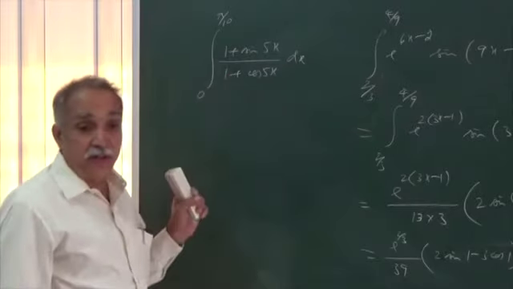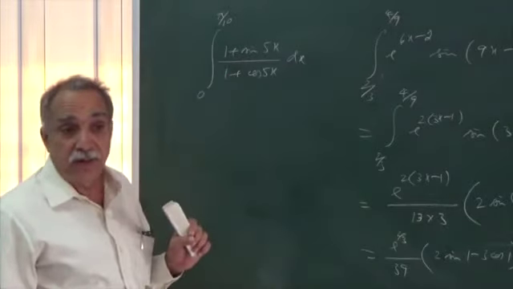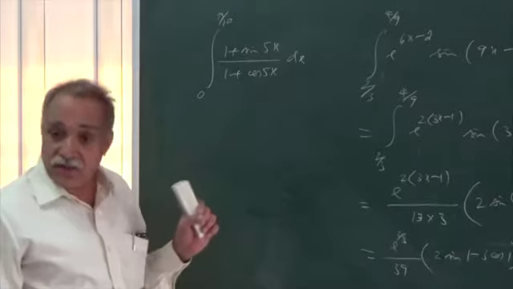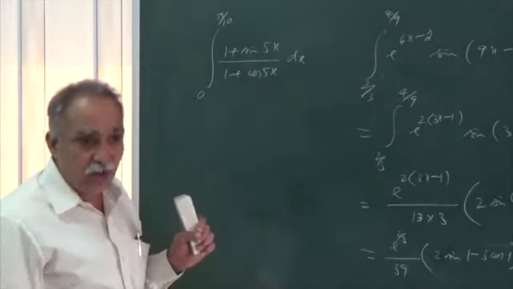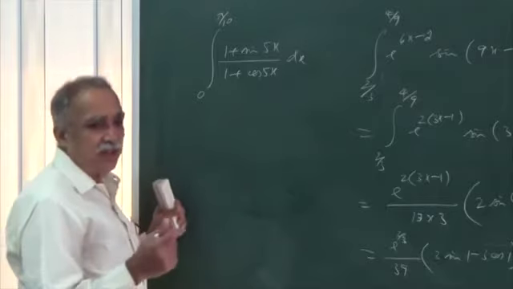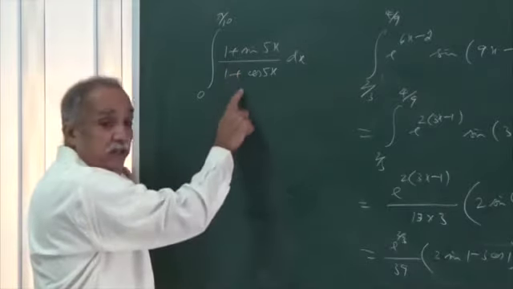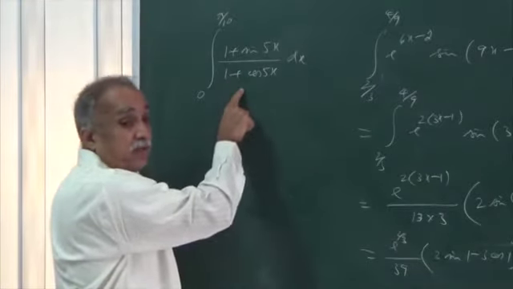How to integrate? There are several methods. One simplest method may be some sort of rationalizing. We multiply numerator and denominator by 1 minus cos 5x.